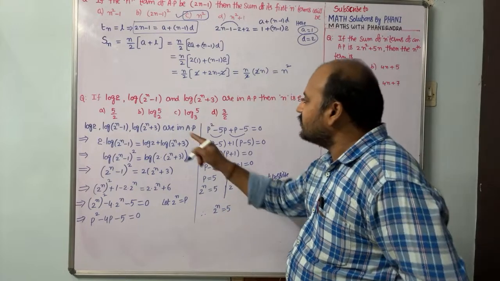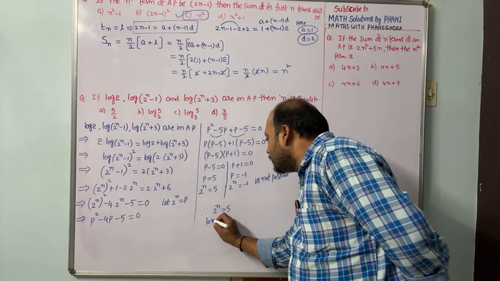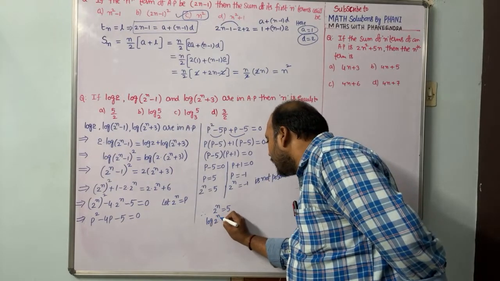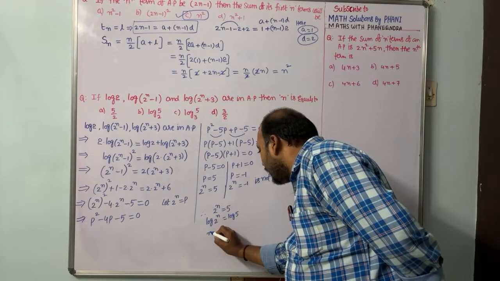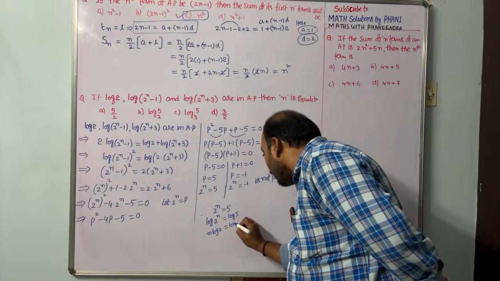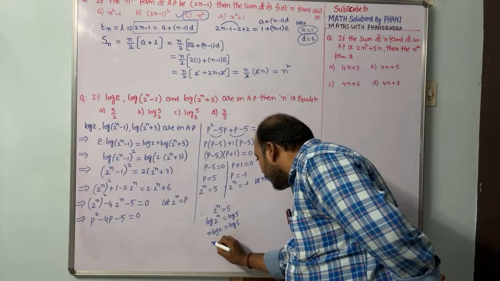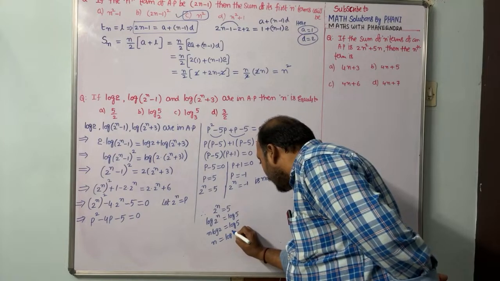But the answers, if you see, are all in terms of logarithms. So taking log on both sides, log 2 power n equal to log 5. So this we can write as n times log 2 equal to log 5. So n is equal to log 5 divided by log 2.